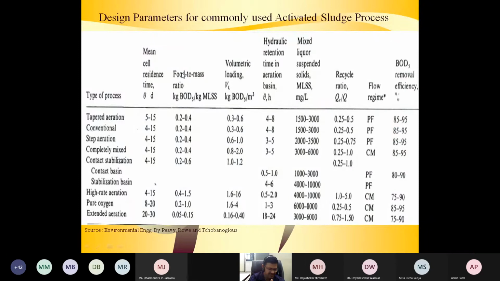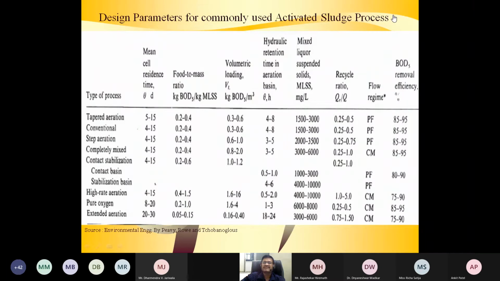I have given you the difference: hydraulic retention time is for what time our wastewater will remain in the reactor. And sludge retention time is the retention time of the sludge. So why is it more?